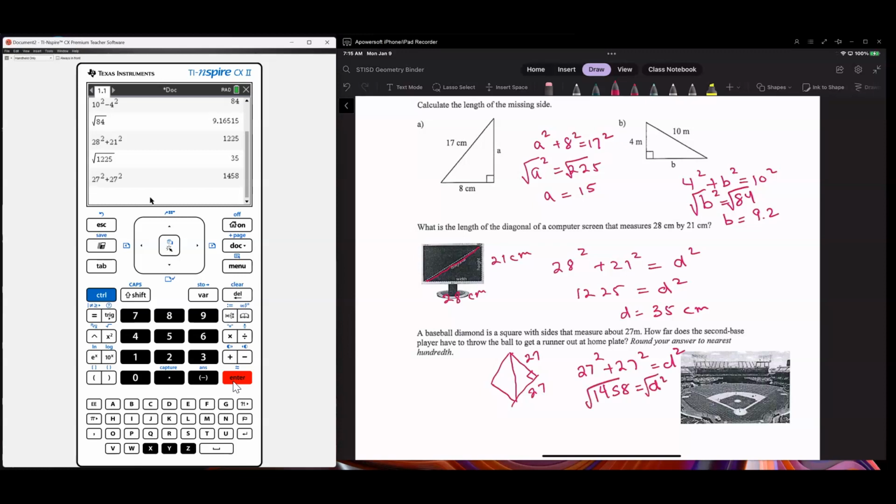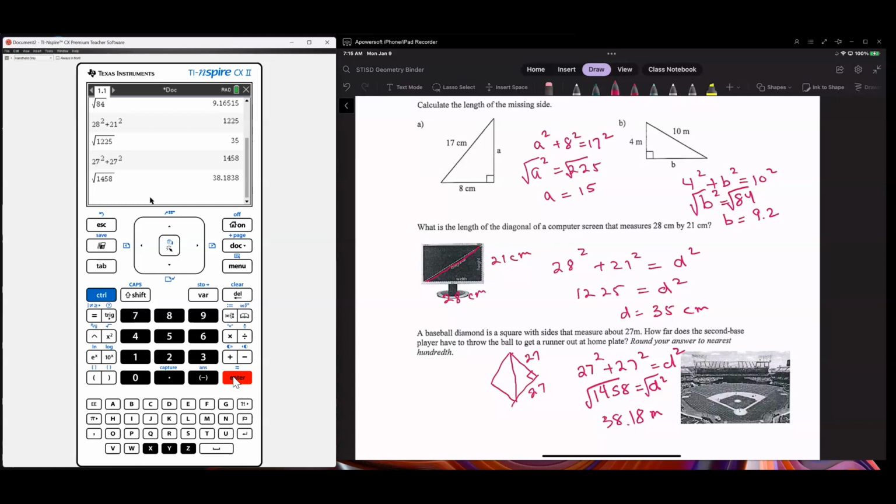Get the square root of 1,458. And it says round to the nearest hundredth. So it's 38.18 meters.